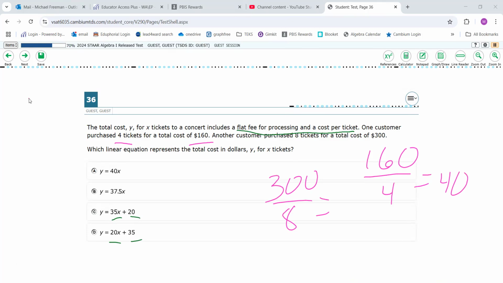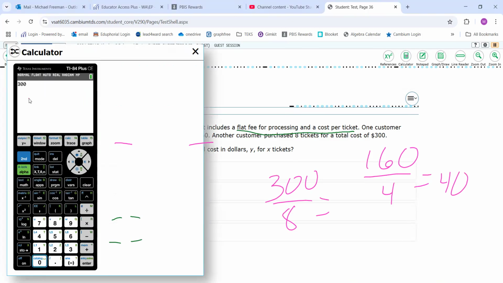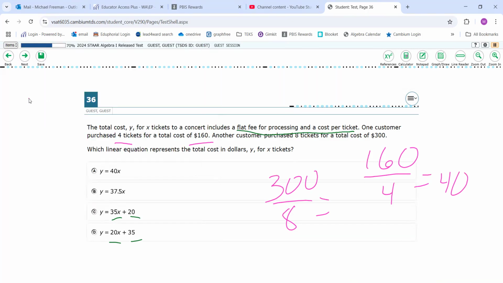And they're like, so let's see. 300 divided by 8, well, oh, whoops, 300 divided by 8 is 37.5. Well, I can't just divide. They don't equal the same thing when I divide. So again, I should have known. A and B aren't right because the equation has to make both things true.